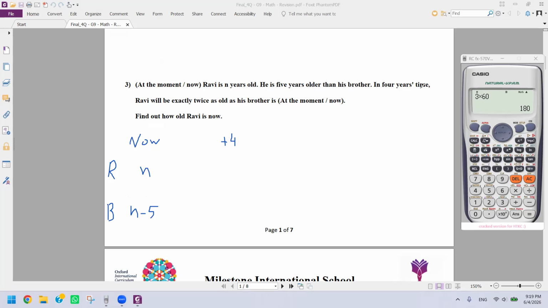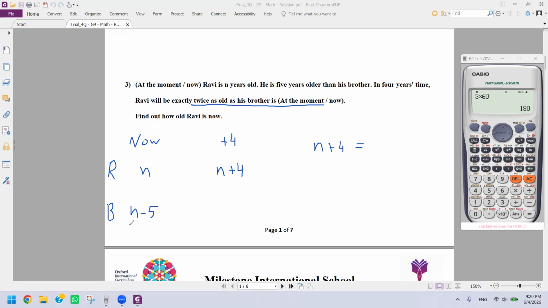This is now, at the moment. Then they say in 4 years' time, like after 4 years. So now Ravi becomes N plus 4. It says Ravi, in 4 years' time, will be exactly twice as old as his brother is at the moment, or now.